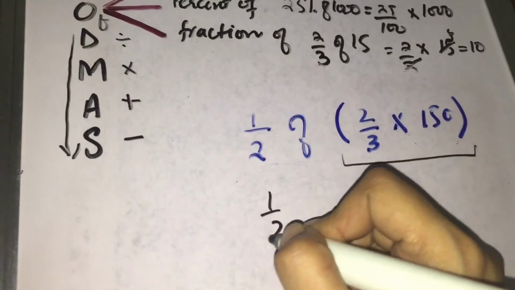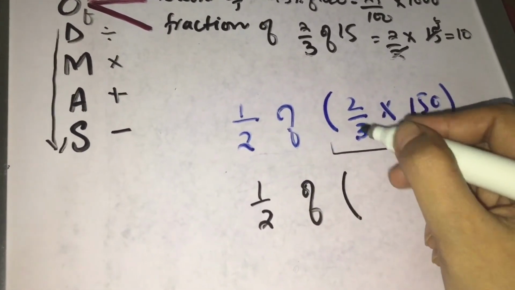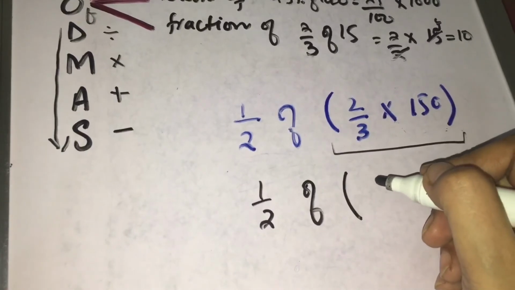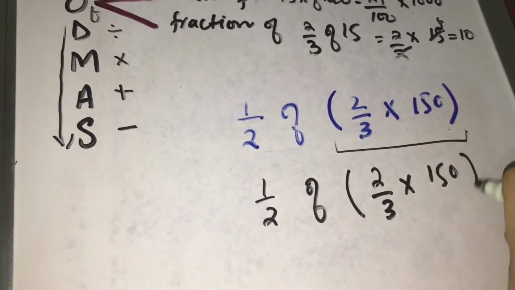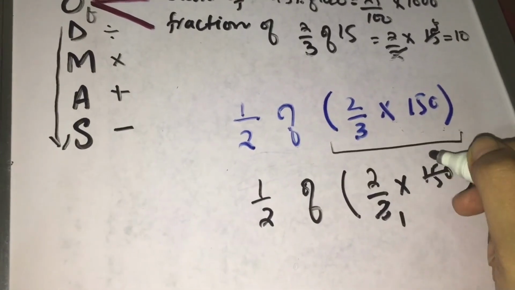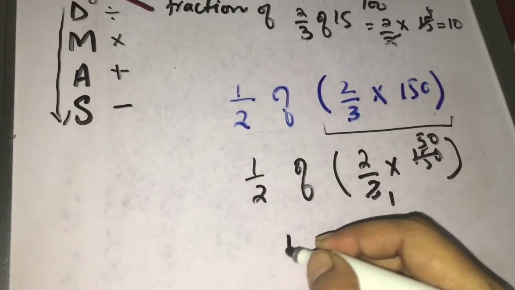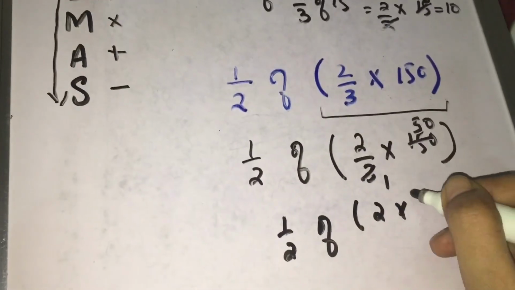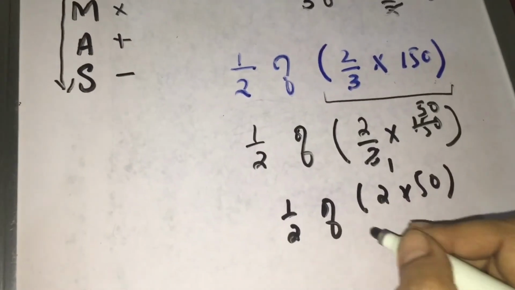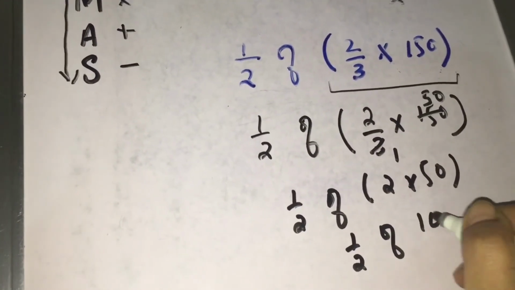So 1 upon 2 of, inside the bracket it is 2 upon 3 multiplied by 150. So 3 1s are 3, 3 5s are 15, and 0. It is 2 multiplied by 50. 1 upon 2 of 2 multiplied by 50. What is 2 multiplied by 50? 2 multiplied by 50 is 100.